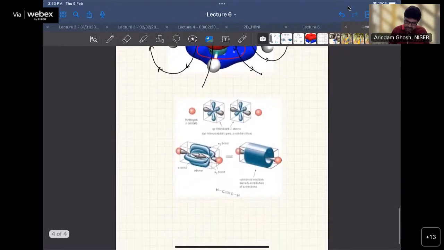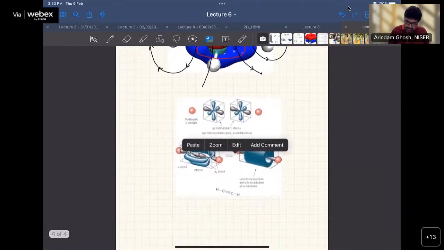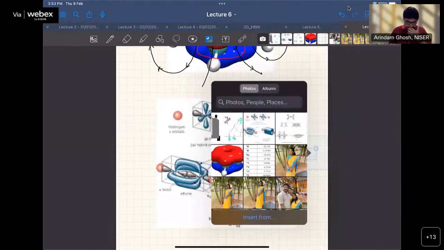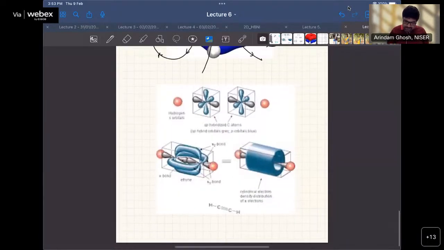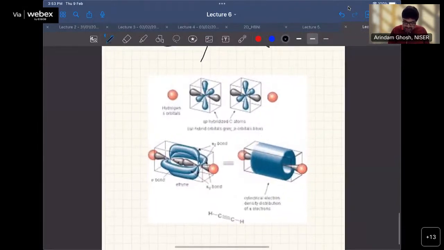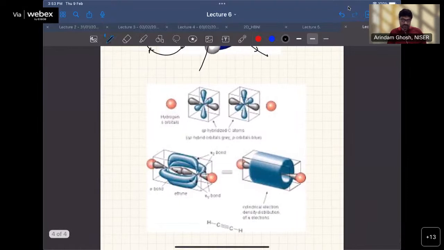I have not got a very high resolution picture, so I have to work with this one. So in acetylene, the situation is something like this. We have a triple bond.